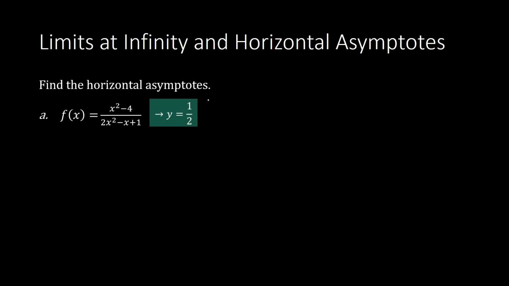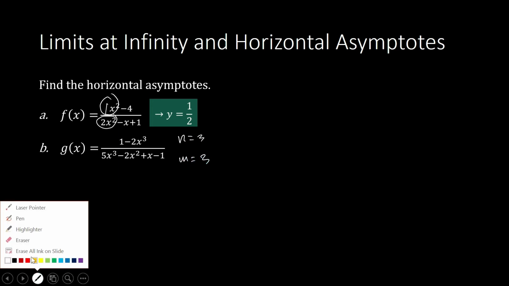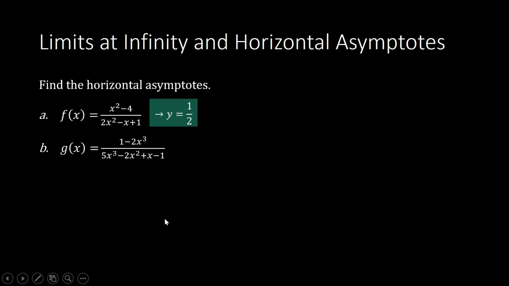Where did 1/2 come from? They came from the numerical coefficients of your leading terms. How about this one? Still, n is equal to 3, m is equal to 3. So they have the same degrees. Our horizontal asymptote is just y is equal to -2 over 5. That is -2, that is 5.